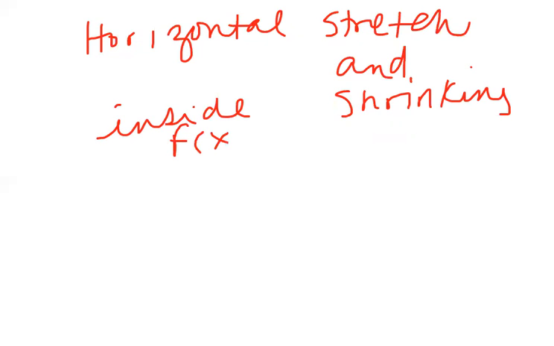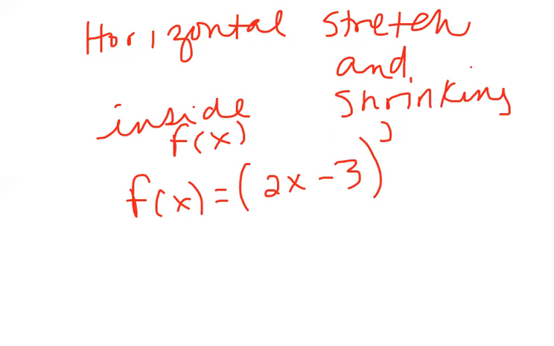And so for this one right here, guys, you will see something like this. f of x is equal to maybe 2x to the second or something like that. That's not a really good example. Let me go back a little bit. All right, so let's do this. 2x minus 3 squared, okay? So this 2 here is going to affect what's going to happen with the horizontal part of the graph.